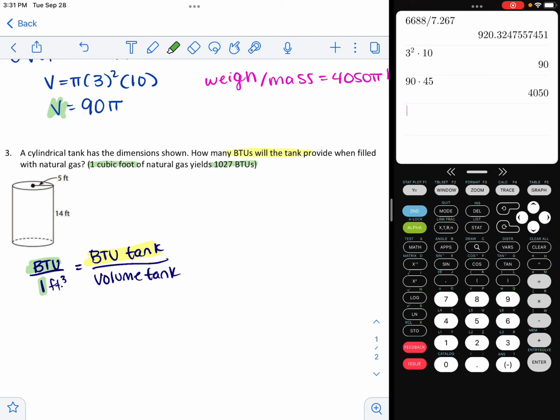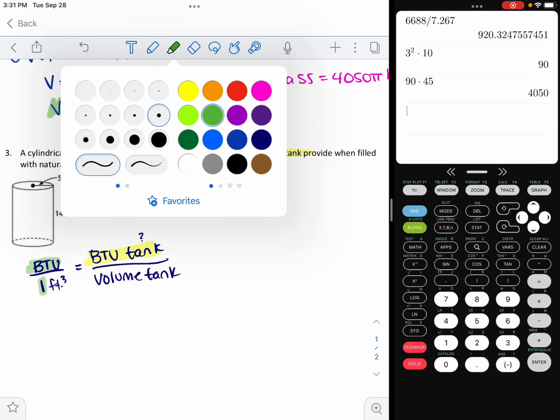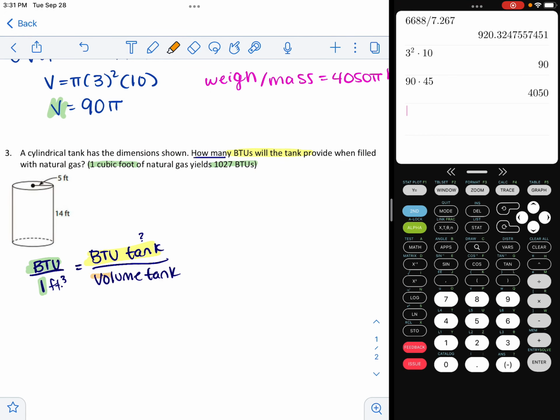So I'm given those. I know that the yellow is what we're looking for, right? It says how many, so this is what we want to find. That means that I should be able to find the volume of the tank because I need to plug it in. To find the volume, I'm going to go to the picture. In this picture, we have the radius and the height of our cylinder. So the radius is 5, the height is 14.